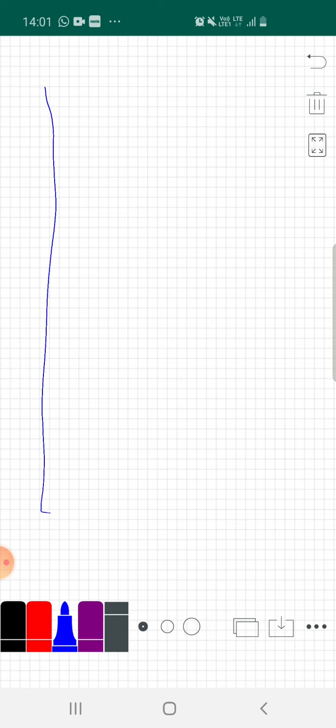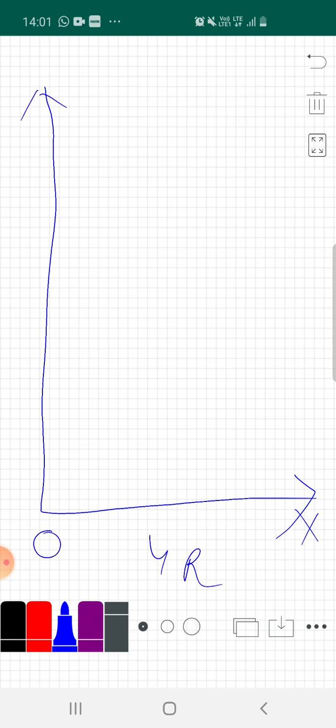First of all, plot the same in the same form. On the OX axis we will show year, on the OY axis we show production, as productions are given. Clear?